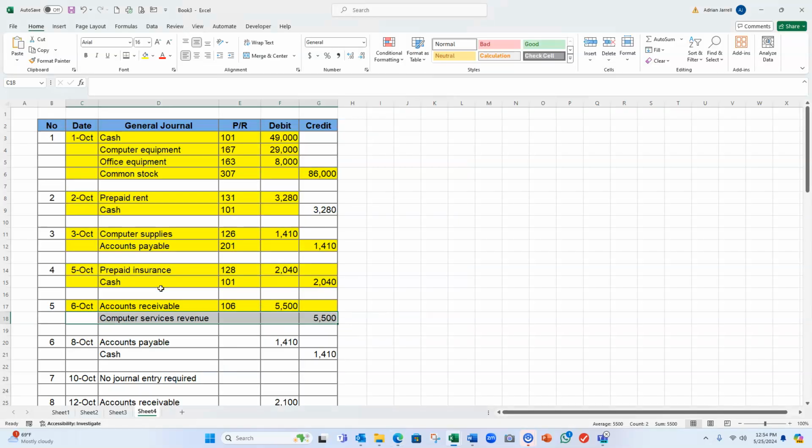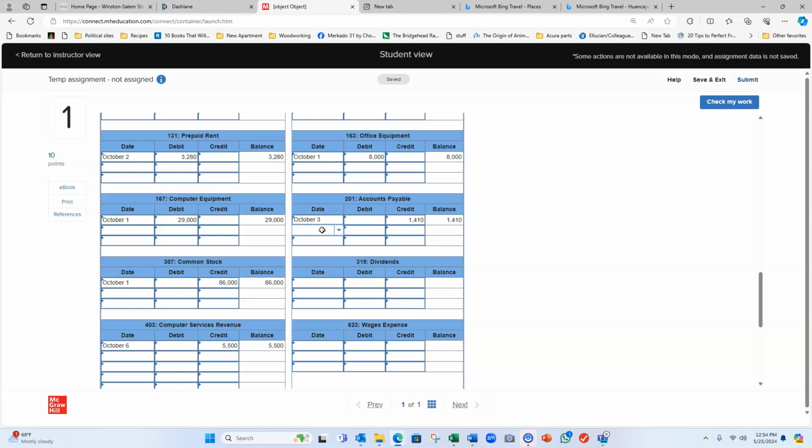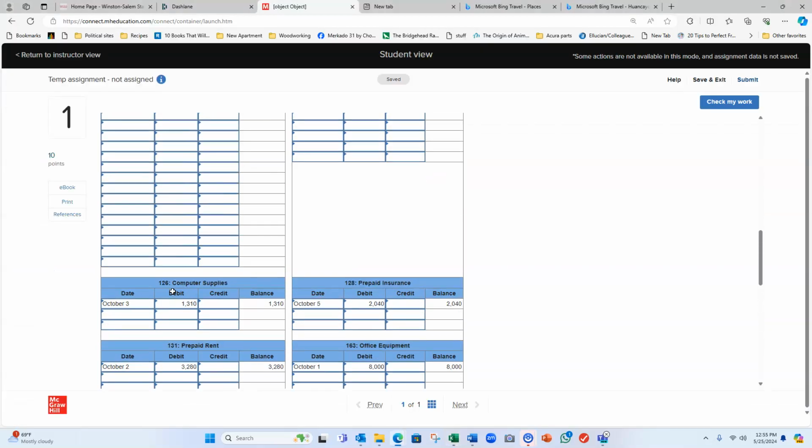Account number 403. All right, on the 8th of October, we're going to debit accounts payable for 1410. Notice the balance is now 0. And then on the 8th, we're going to credit cash for 1410.